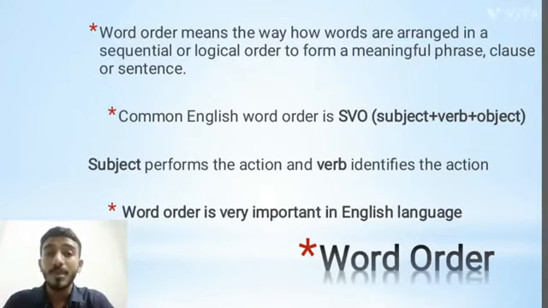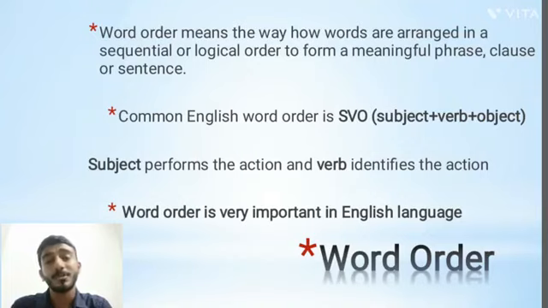But in English, it is not like that. If you misplace any word without following the word order or sentence pattern, it will completely ruin the sentence itself. That is the reason why word order and sentence patterns are very important in English.